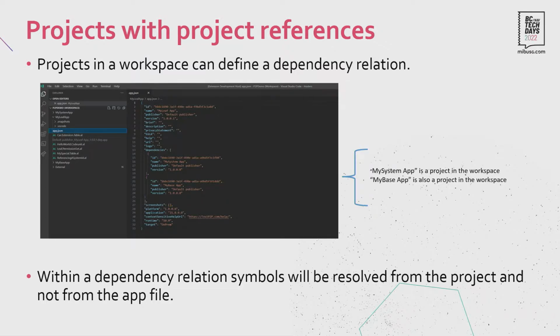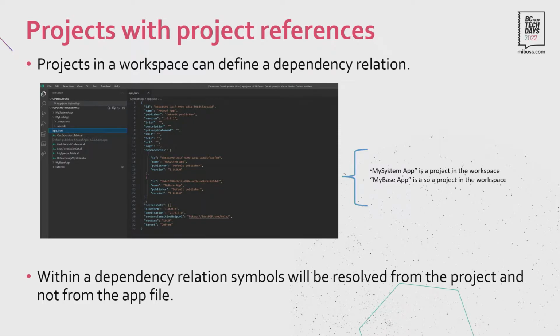terminologies. There is no distinction between a so-called project reference and an app reference. The distinction is made by logic. If a project exists in your workspace with these names, then they are project references. If not, they are app references.